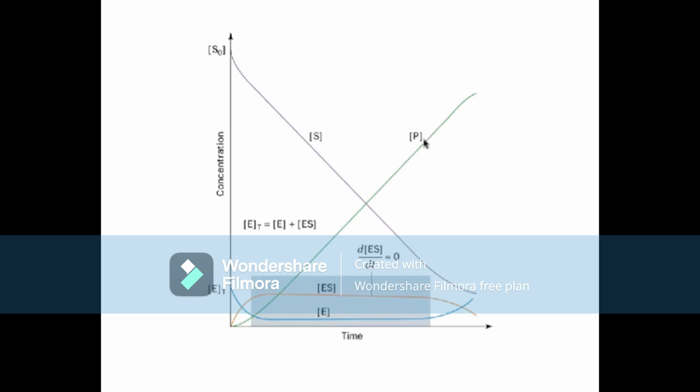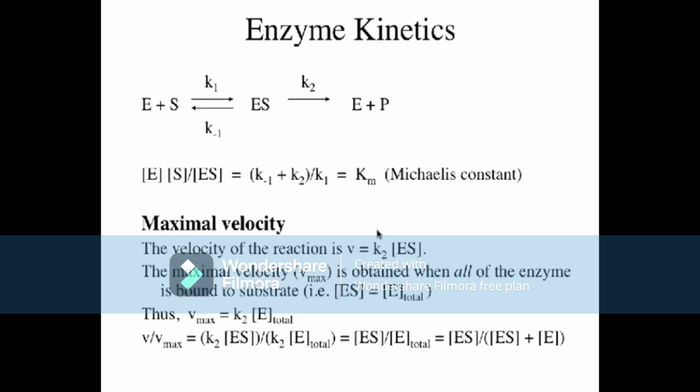And so the rate of appearance of product slows down, the rate of disappearance of substrate slows down. So we don't want to go too far in the reaction. In fact, this probably is too far. It depends on the rate constants. But usually we want to look at this early part here, but not too early. We want to look at the part where the enzyme substrate complex is constant, that is, this is true here, okay? And there's not too much product accumulated.